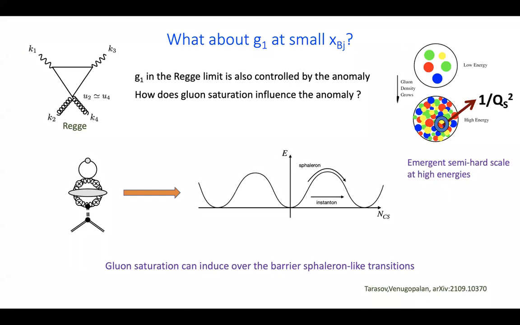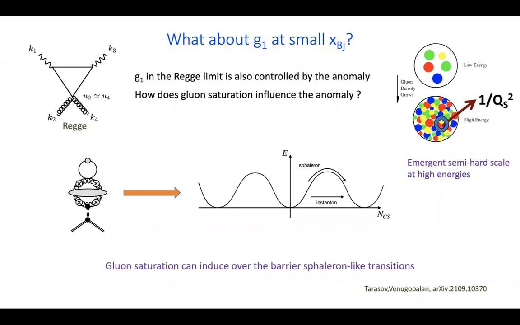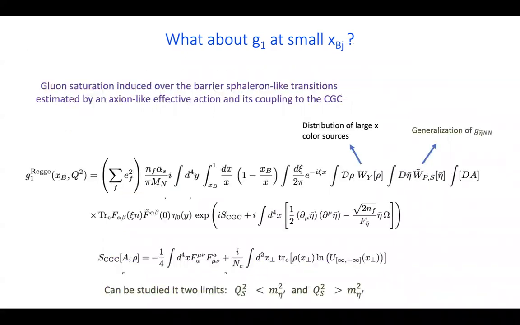And what they can do is induce over-the-barrier transitions. So if I think in terms of this topological susceptibility, there's a corresponding real-time analog of that, which is that of sphaleron transitions. Those are correlators of the Chern-Simons charge at two different times, and that can lead to over-the-barrier sphaleron transitions.